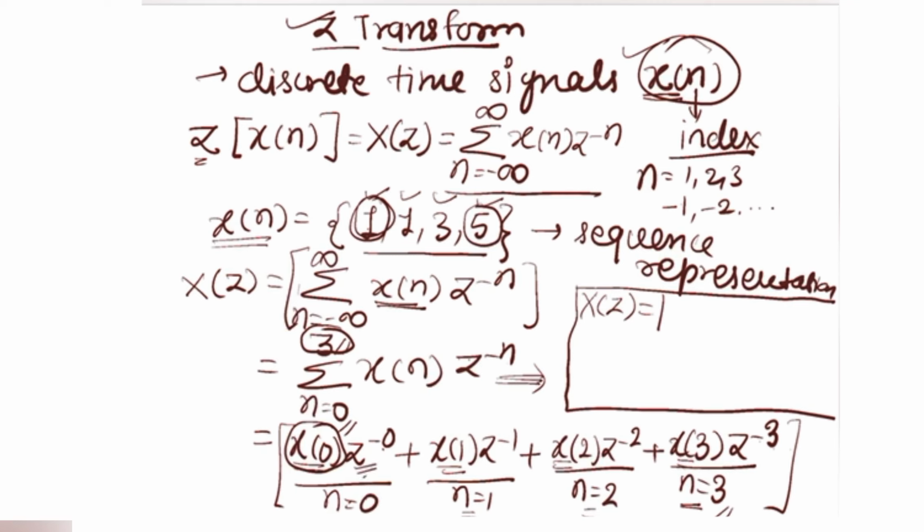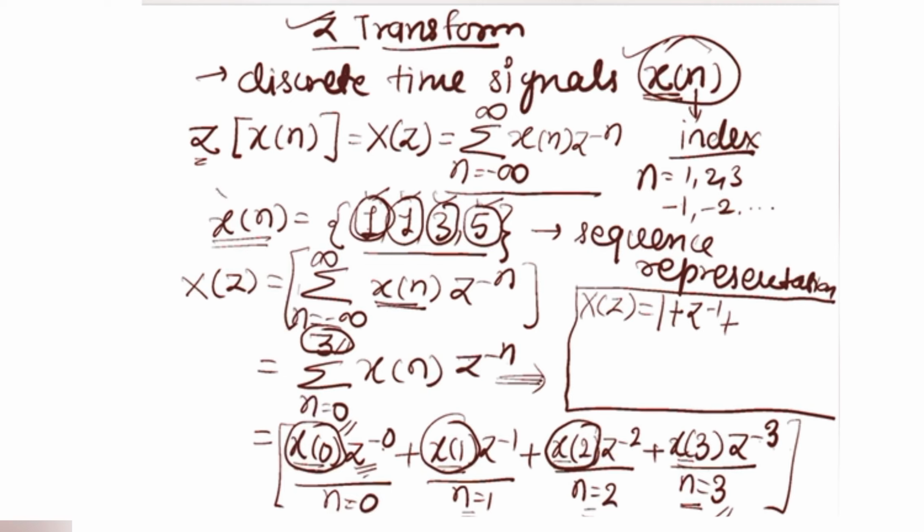Z to the power 0 will be 1, so no need to write it. So the first term is 1, plus x[1], the value is again 1, so we will write 1 times z inverse, plus x[2].